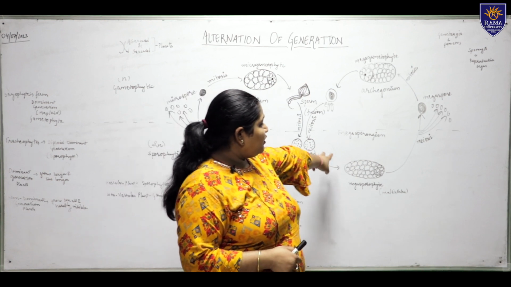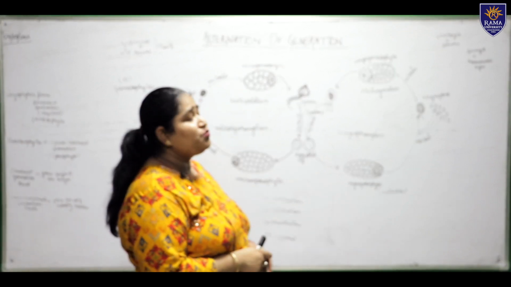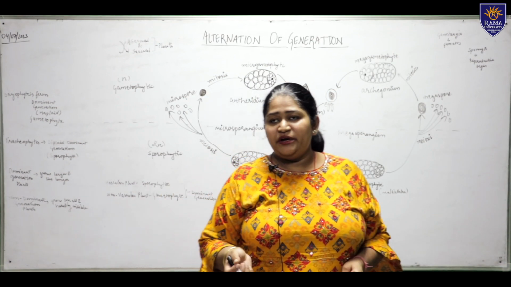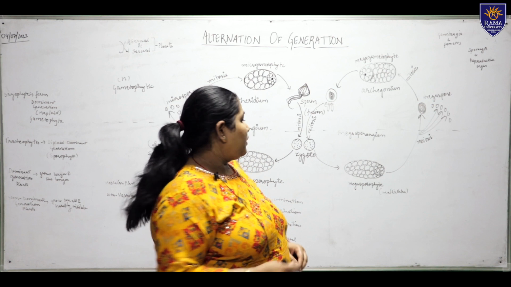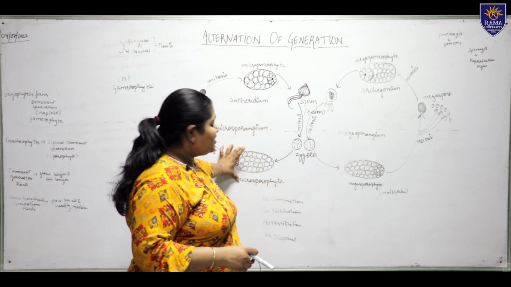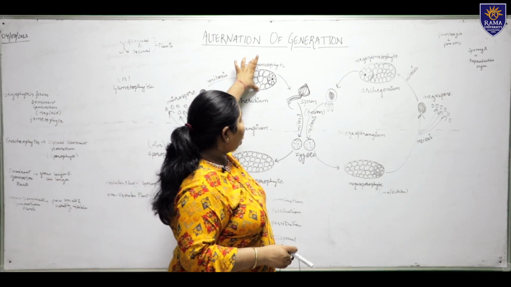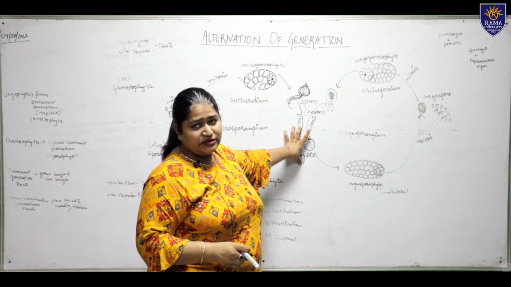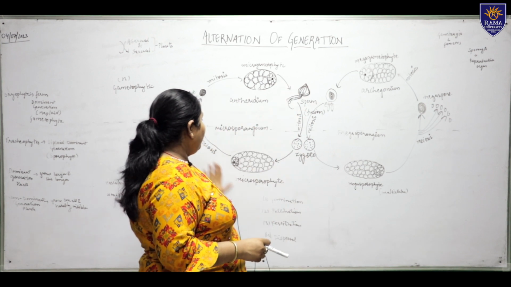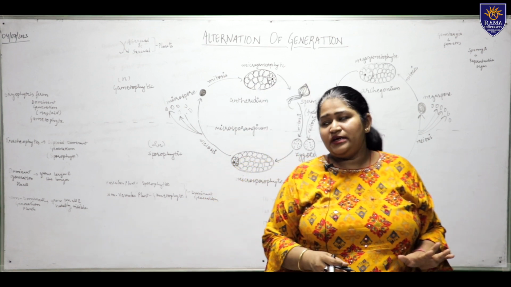I have told you about the megasporophyte and microsporophyte, that the sporangia are the reproductive organs through which the male and female gametes will reproduce. Then the gametangia: this part is gametangia, this part is sporangia. Here the spore formation will take place, and from the gametangia the gamete formation will take place. So this alternation of gamete formation and fusion, then spore formation, is a complete cycle that takes place in plants.